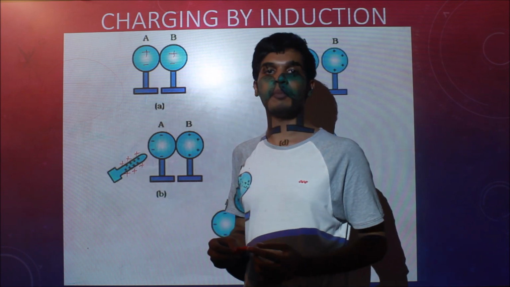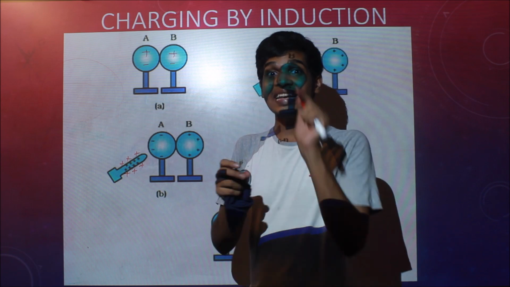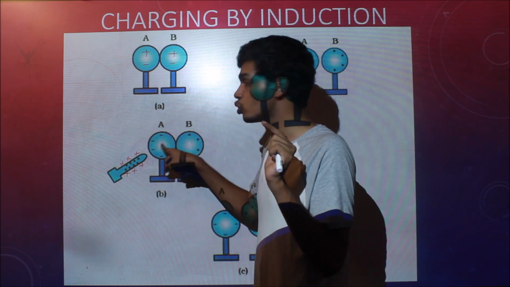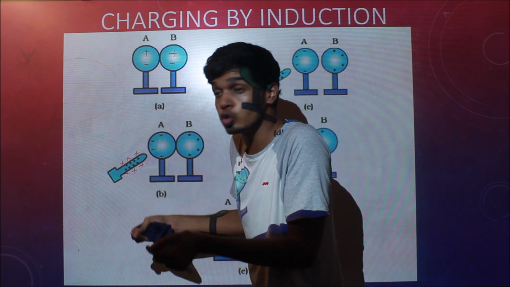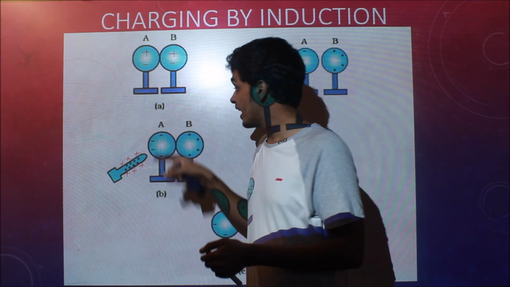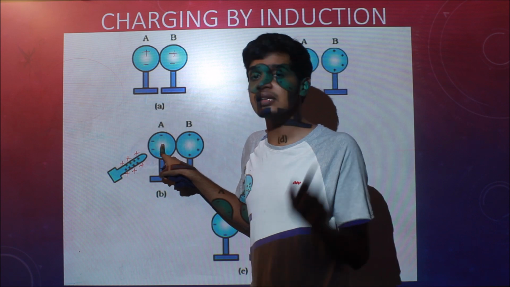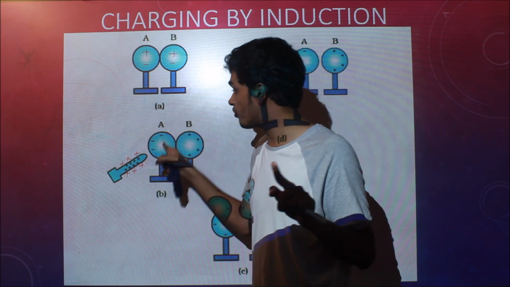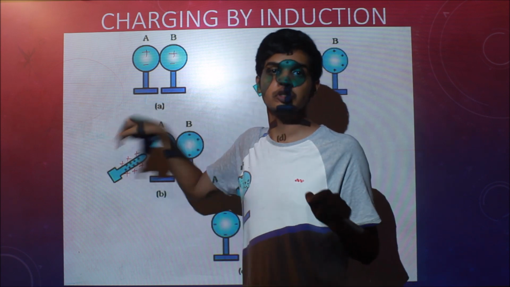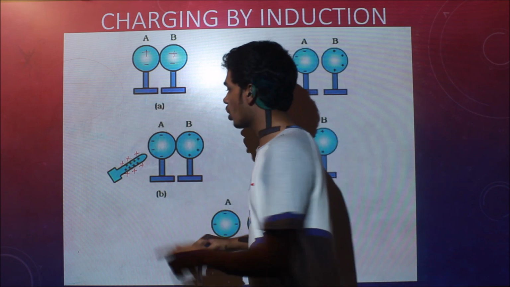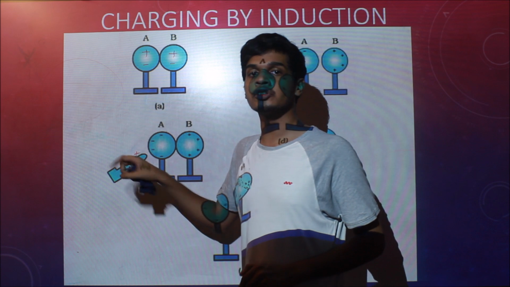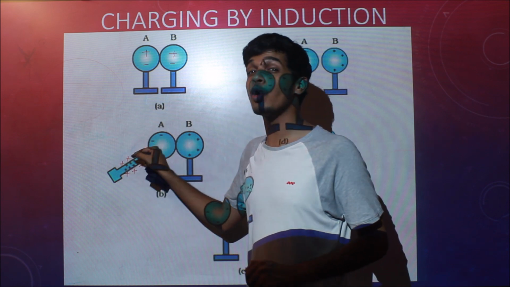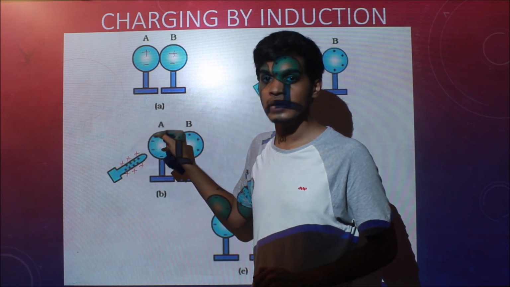Because this rod has a positive charge, the negative charges in these two balls got attracted and came close to the rod. These negative charges are not capable of moving from the ball into the rod. Why? Because they are not in contact. So they won't move into the rod, but they will come close to the rod.